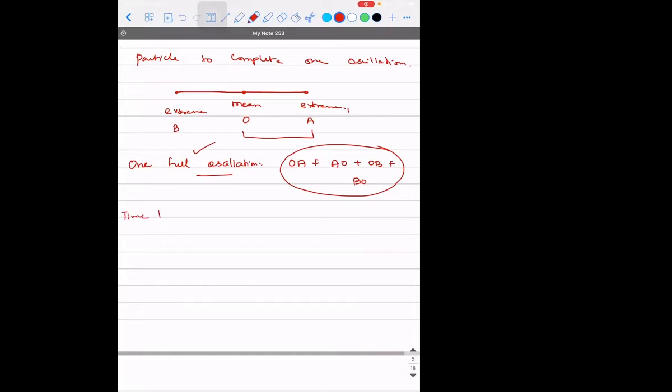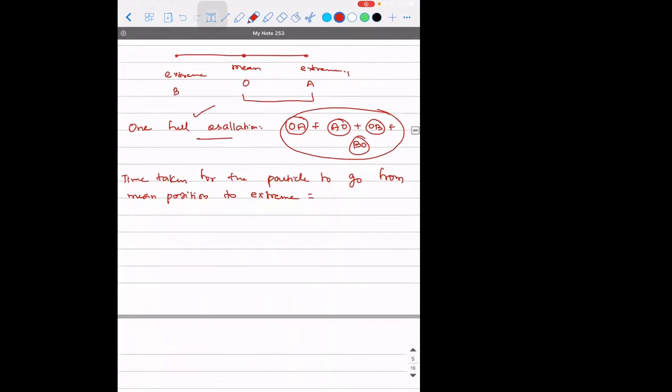The total time taken to travel O to A to O, O to B, and B to O is equal to capital T. So it is broken into how many parts? Four. So the time taken by the particle to go from mean position to the extreme is T by 4.